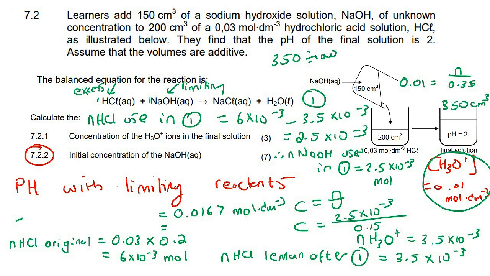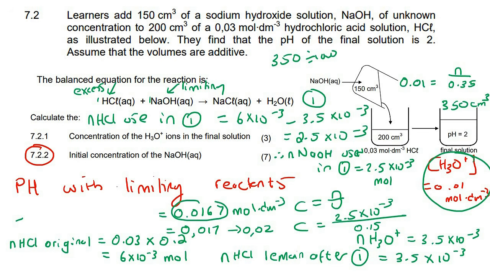You could also round it to, and this I'm getting from the memo, 0.017, for example, if you round to 2 decimals. Or you can just round all of this up to 0.02 moles per decimeter.